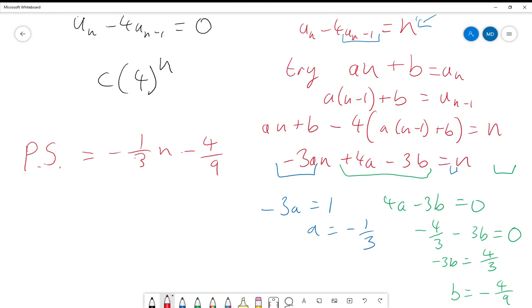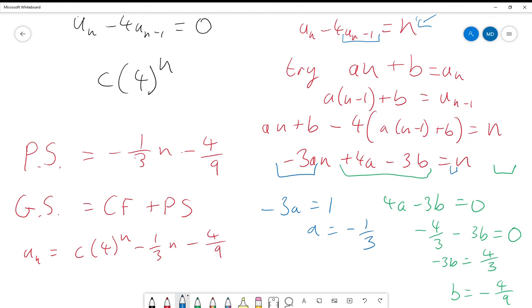And therefore, our general solution, being equal to the complementary function plus the particular solution, gives us un is equal to c times by 4 to the n minus 1/3 of n minus 4/9. And then we just want to find out what c is.